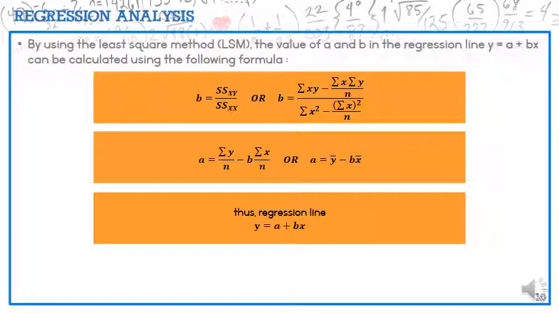You don't have to memorize it, okay, because the formula will be given in your exam, but you must make sure that you know how to use it, where to substitute, to make sure that you will get the correct answer. So here, I do believe that you all are familiar with the summation of xy, summation of x, and so on. So once you get the value of b and a, substitute them into this equation.